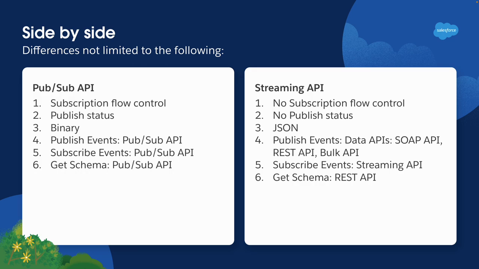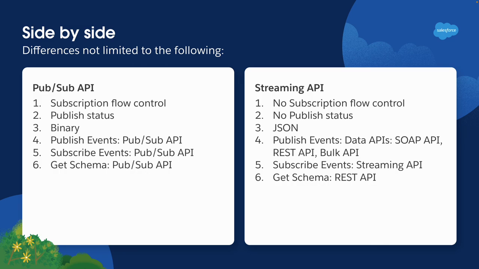If you were to try and do this without using the PubSub API, let's have a look at that streaming API column. Well, you can't publish events using the streaming API, so you'd have to use a data API: SOAP, bulk, REST. If you want to subscribe to events, obviously you'd use the streaming API. And then if you want to get the schema for those, you're looking at REST, perhaps tooling or metadata, but you can't do it through that single interface.